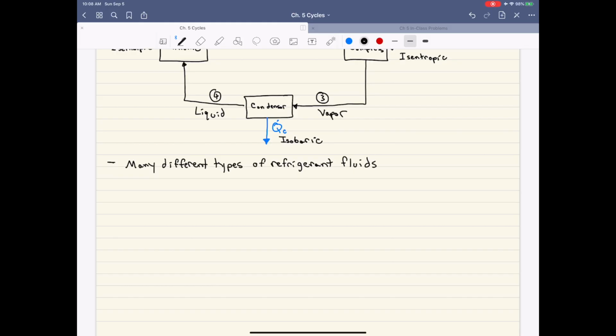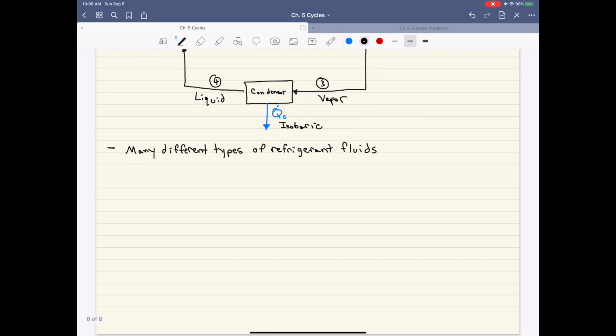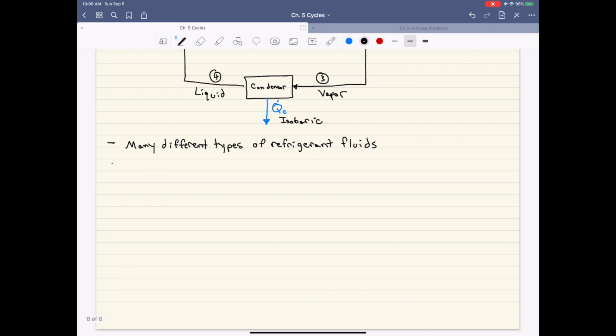For example, up until the 1990s, a very common refrigerant was this carbon chlorine 2 fluorine 2 chemical, also known as Freon 12. This one was very popular prior to the 1990s.